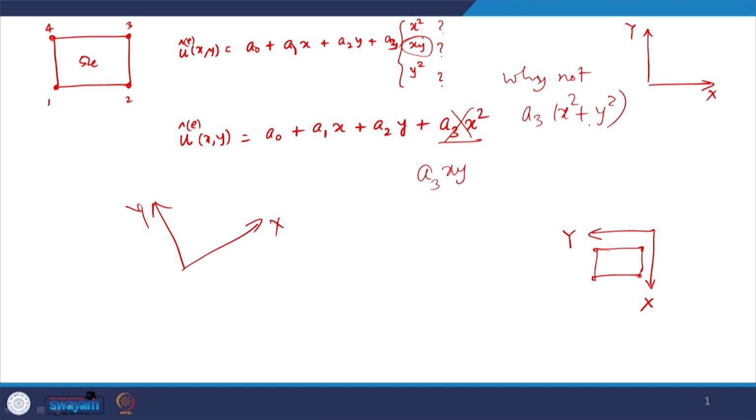So, the problem is, although all of them are second degree polynomial terms, this is a product of two first degree polynomials, x is linear, y is linear, and this, both of them are quadratic in their own right. So, this is preferable, and this will also satisfy other conditions that we will see very soon, right.